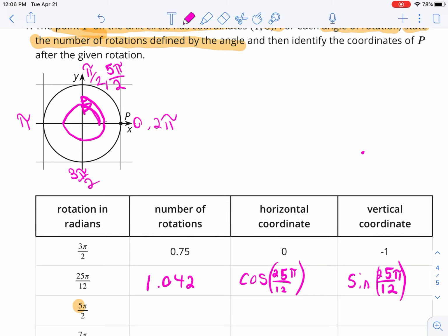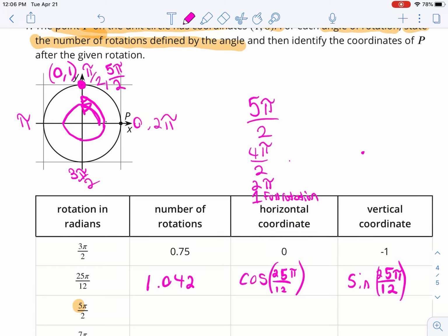If we're thinking about this coordinate right here, we know this coordinate is (0, 1). We also know that we went one full rotation, so for 5 pi over 2, we know that this is going to be 4 pi over 2, which is 2 pi, which is 1 full rotation.